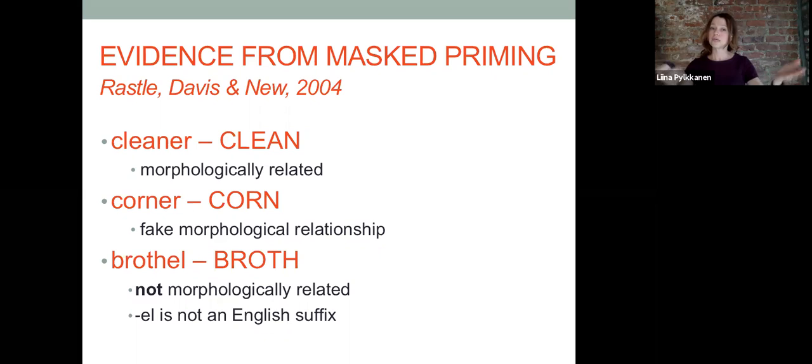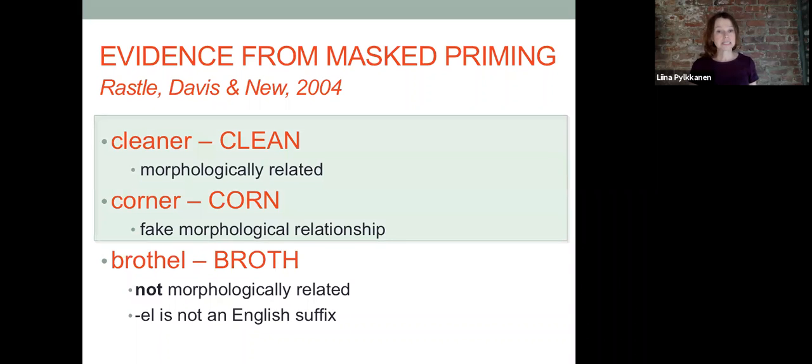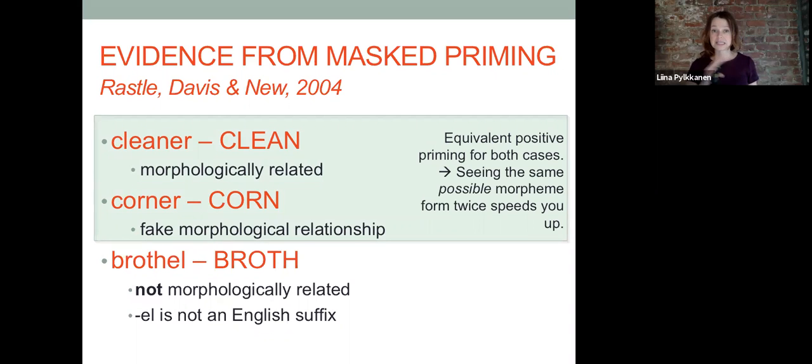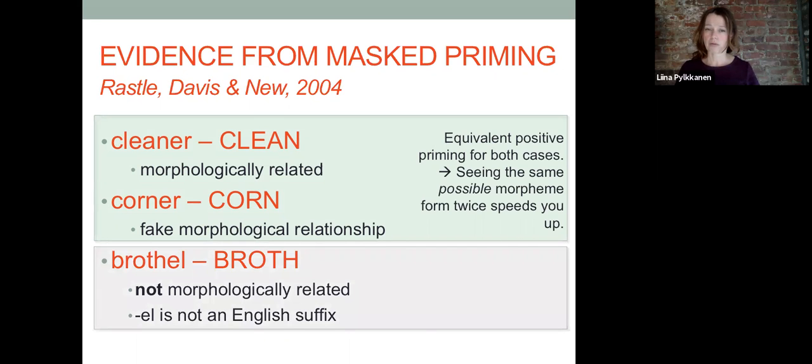Okay, so the interesting result in this experiment and many follow-up studies is that in masked priming, in this really quick type of priming where the prime just flickers and then you respond to the target, cleaner, clean and corner, corn showed exactly the same amount of positive priming. So equivalent positive priming for both of these cases. Cleaner makes you faster at clean and corner makes you faster at corn, but brothel does not make you faster at broth.